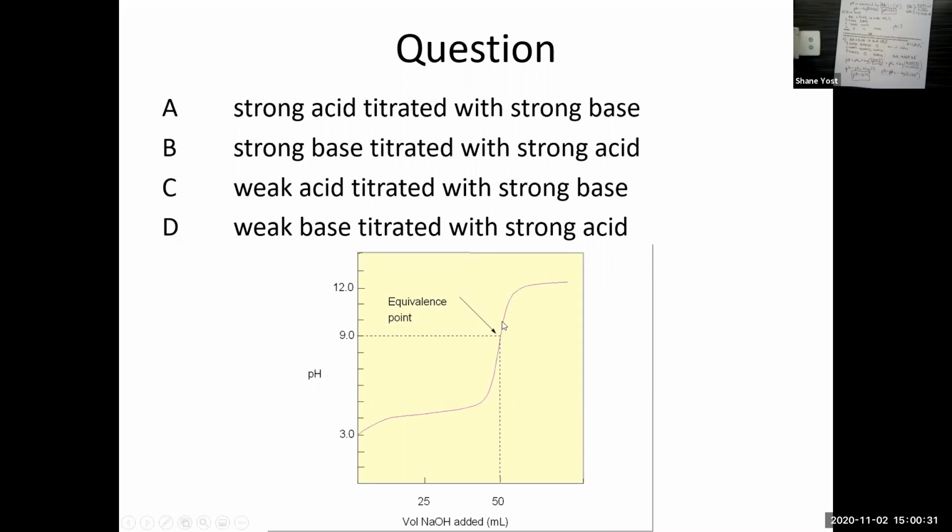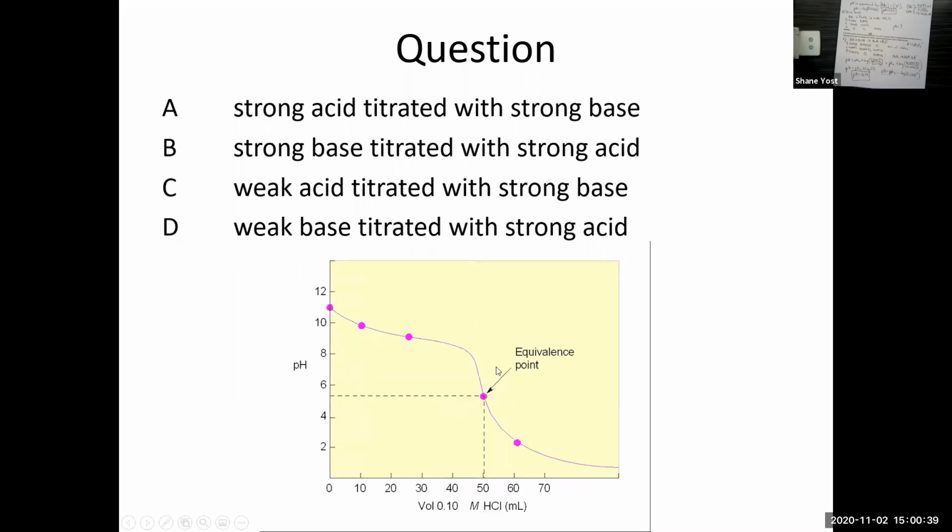So I have a pH that is greater than 7 at equivalence point. Right, and I start off with an acidic solution, end up with a basic solution, right? And then this one, D, right? Weak base with a strong acid, so my pH is less than 7 at equivalence point, okay? And I start off with a basic solution, end up with an acidic solution. Okay.